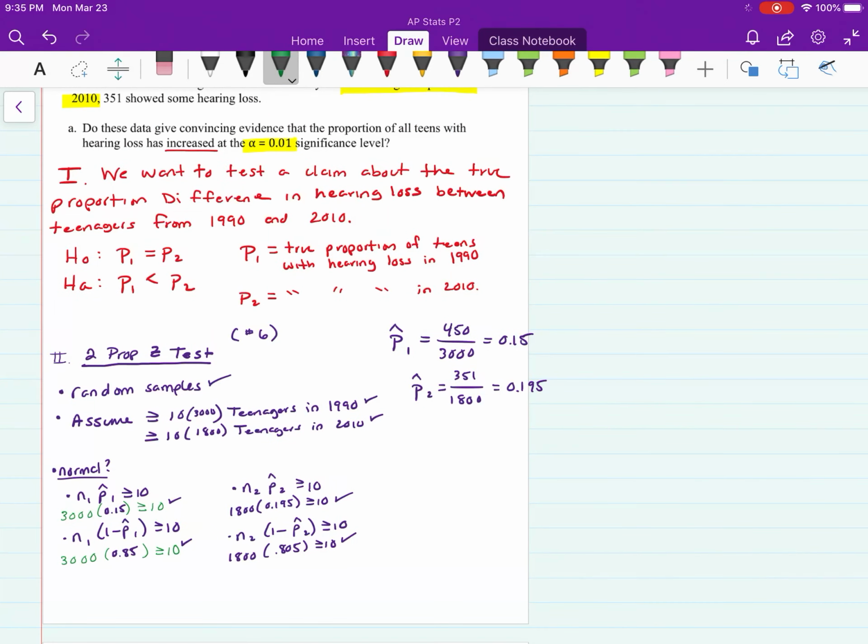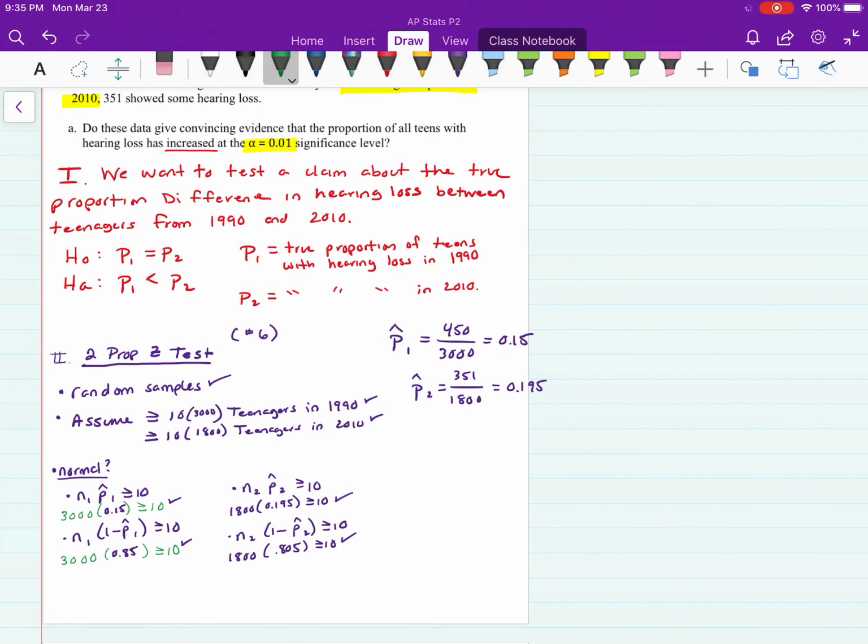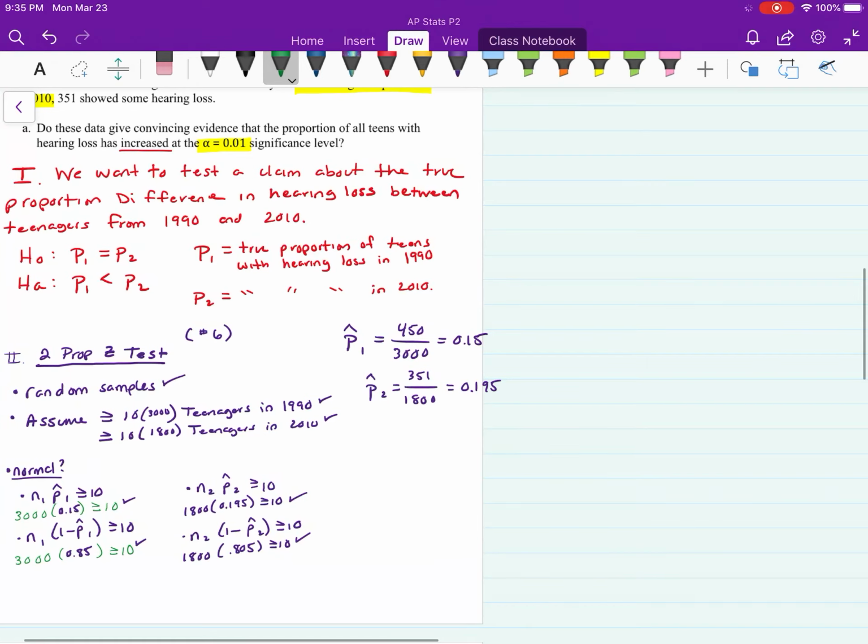So now we can go ahead and do step 3, which is our formula part. Now, with the formula, again, we're going to get the z-score, we're going to get the p-value, and then we'll analyze that p-value in our conclusion.